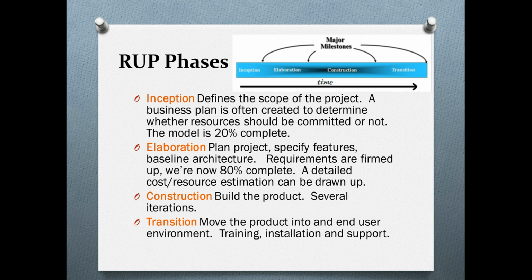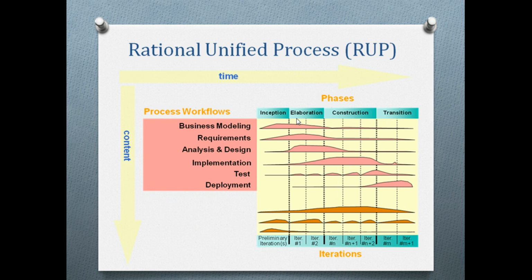In the elaboration phase, the project plan is made, features are specified, baseline architectures are set, requirements are firmed up, and we are now 80% complete. A detailed cost and resource estimation can be drawn up. You can see here we are 80% complete. It looks the same as elaboration and inception, but by the completion of this phase we are 80% complete.